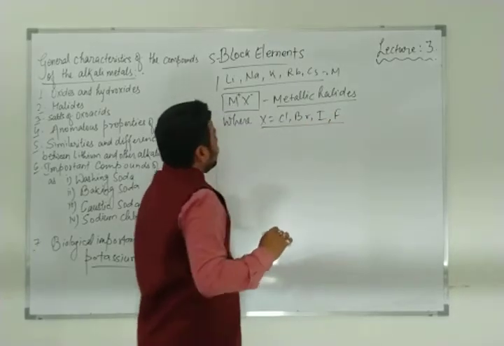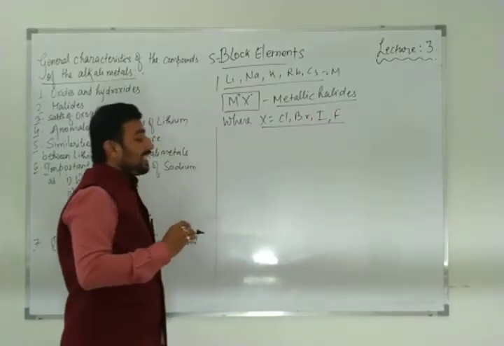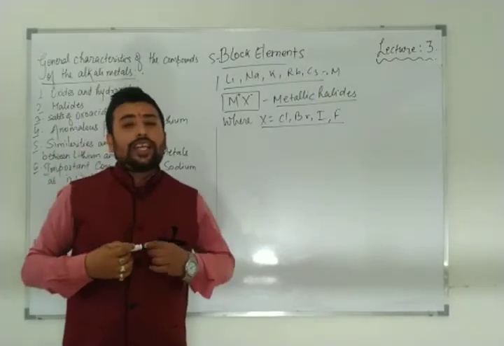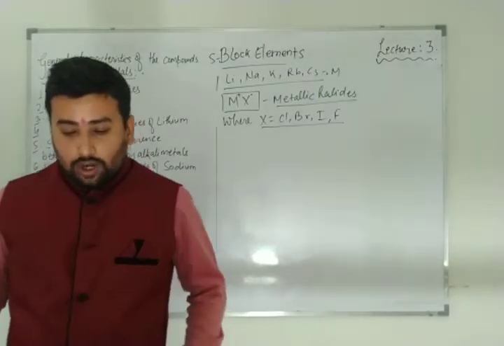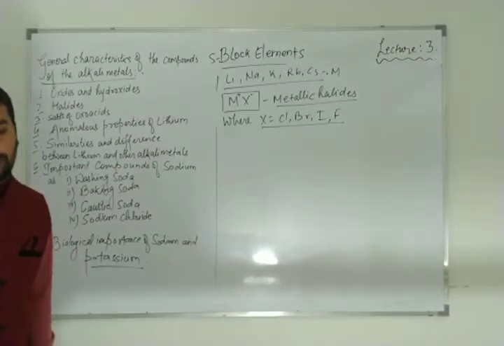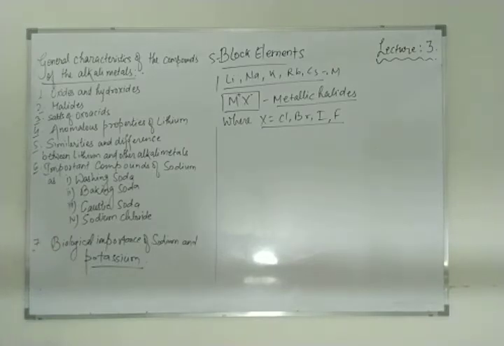Now the question is, these metallic halides are prepared by reacting the appropriate oxides and hydroxides, or the carbonate, with aqueous hydrohalic acid. All of these halides have high negative enthalpies of formation, that means delta HF is negative.